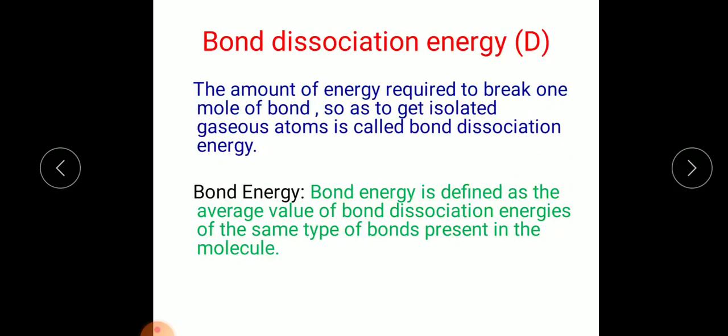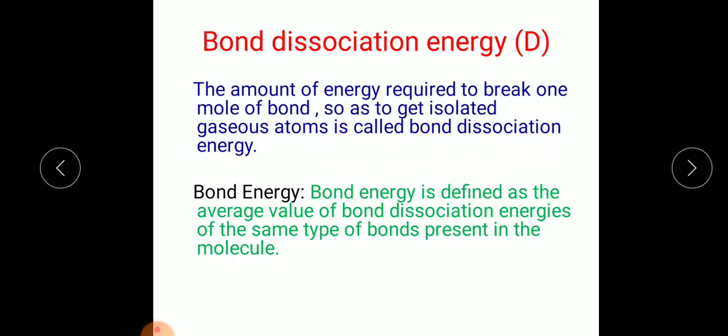Next we have bond dissociation energy. Let's see what it is. The amount of energy required to break 1 mole of bond so as to get isolated gaseous atoms is called bond dissociation energy.